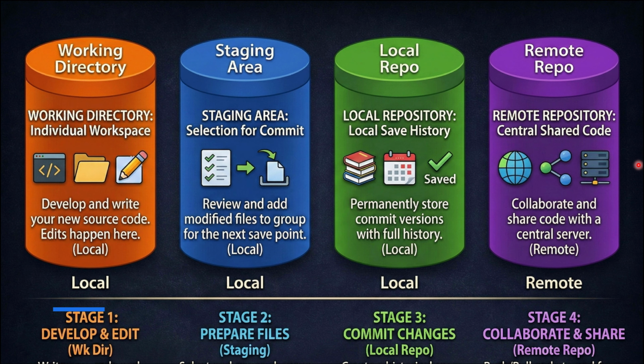This stage allows selective commit. In a real-time scenario in automation testing, you are working on the login test, the payment test, and writing the config file. Assume that the payment test is not complete.